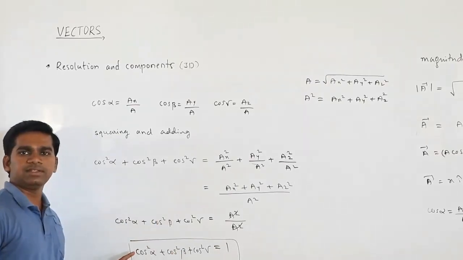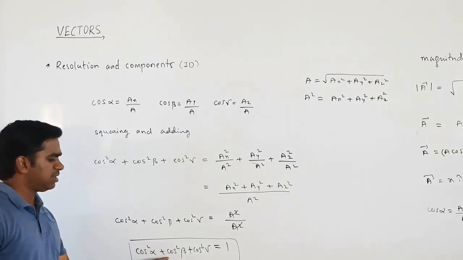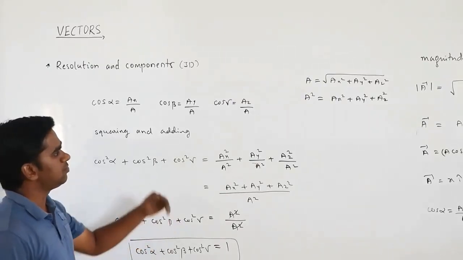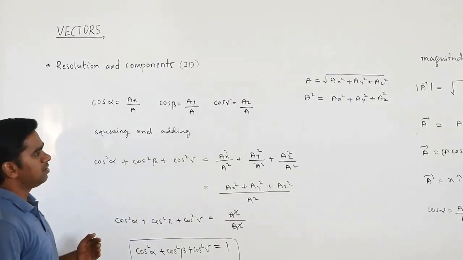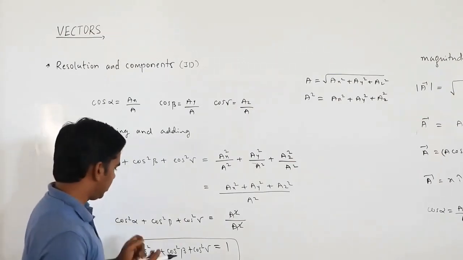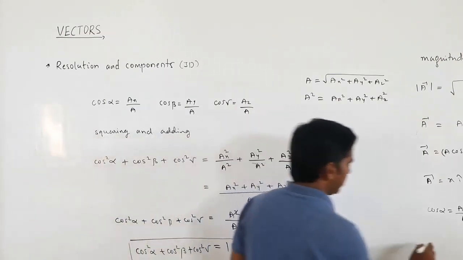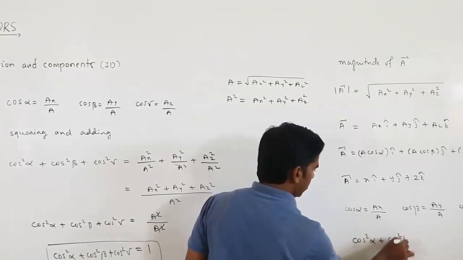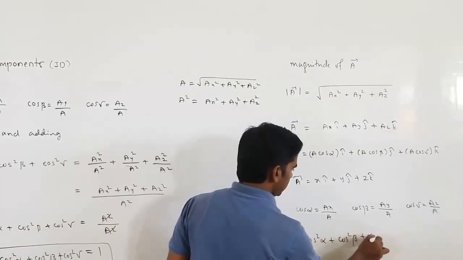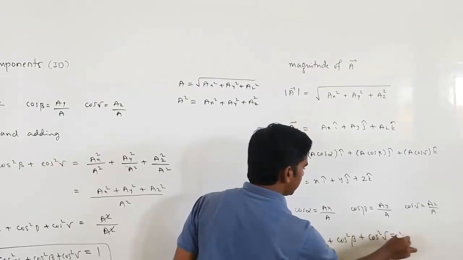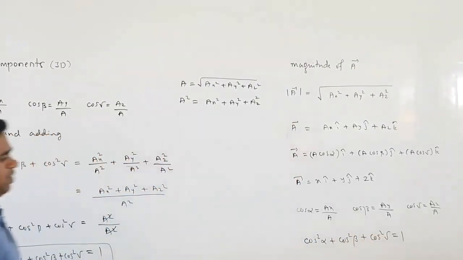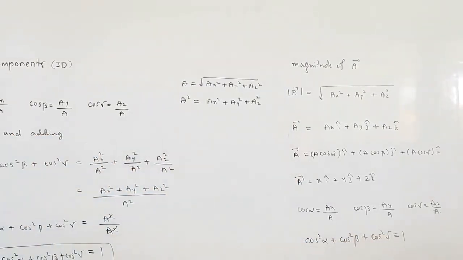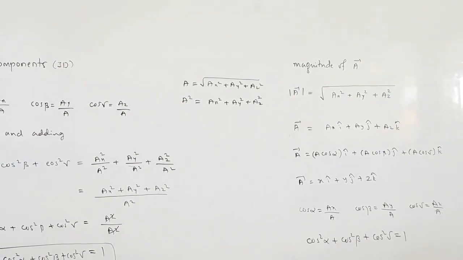If any one angle is not given, this relation will help you to find the remaining angle. So let me write that here: cos square alpha plus cos square beta plus cos square gamma is equals to 1. Remember that relation, very important.